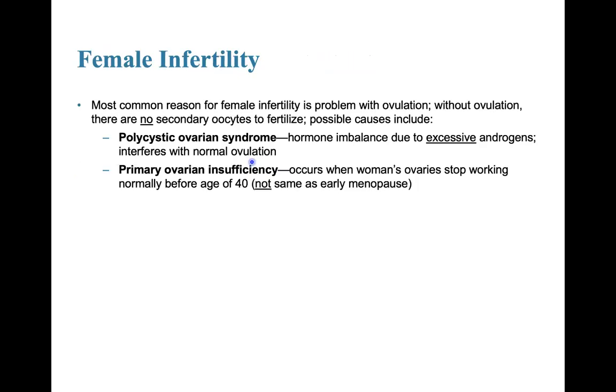Female infertility: the most common reason for female infertility is a problem with ovulation. Without ovulation, there is no secondary oocyte to fertilize. This could be due to polycystic ovarian syndrome, which is a hormone imbalance due to excessive androgens, or primary ovarian insufficiency, which occurs when a woman's ovaries stop working normally before the age of 40.